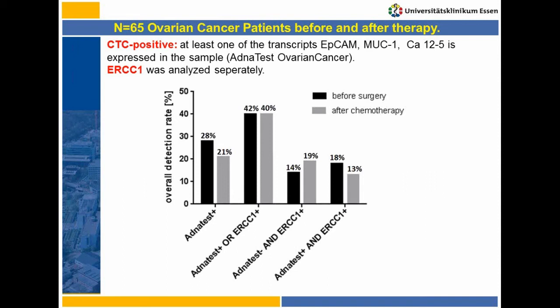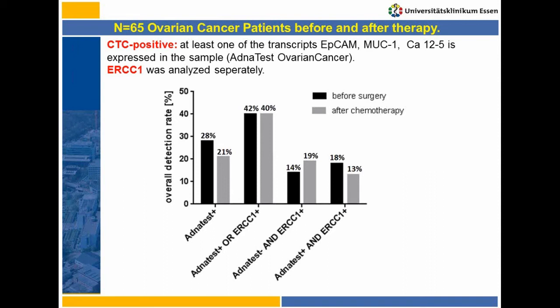So in the next evaluation, we said, well, positive is a patient who is either positive in the ADNA test or ERCC1 positive. And by including ERCC1 in the analysis, we could enhance the detection rate to about 40% before and after therapy.